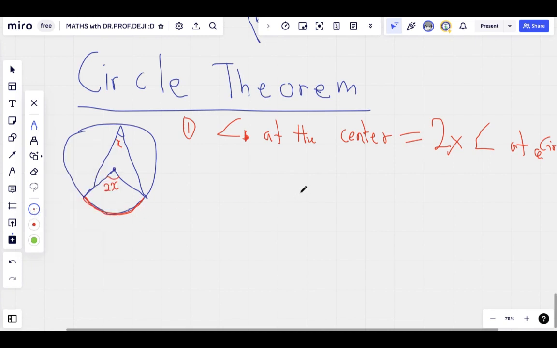let's say I draw this. Okay, let's say we have, this is the center.